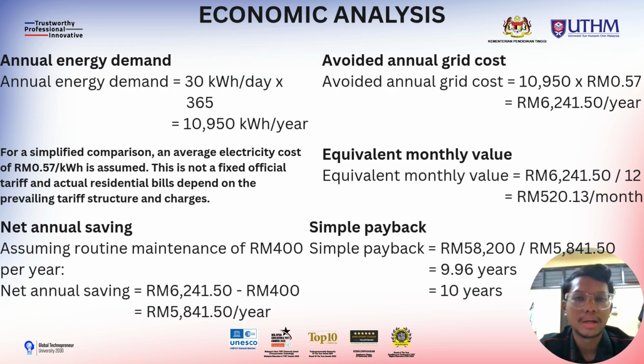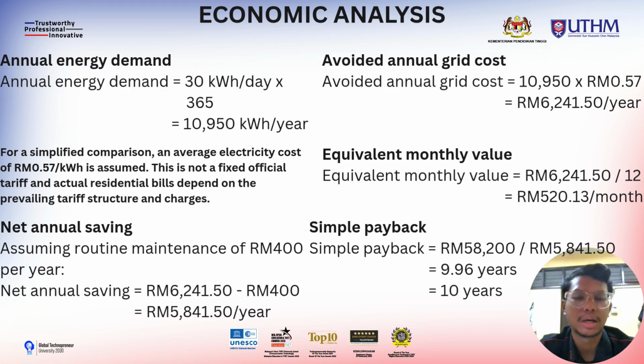For economic analysis, for annual energy demand, the calculation is 30 kilowatt hours per day times 365 equals 10,950 kilowatt hours per year. For net annual saving, assume routine maintenance of 400 per year.